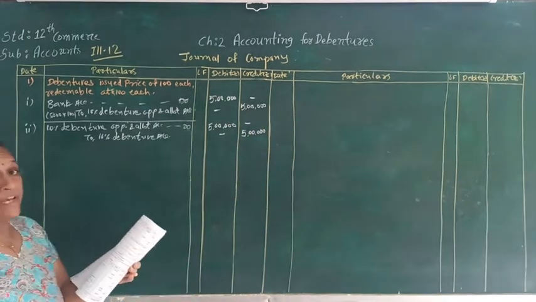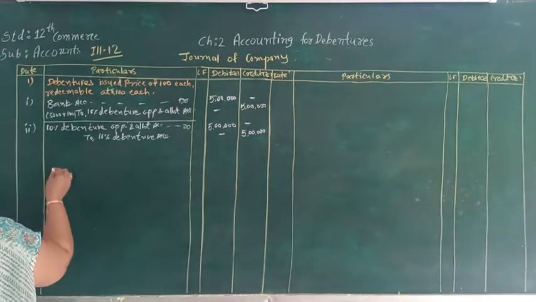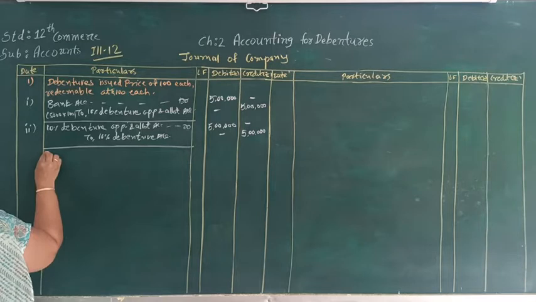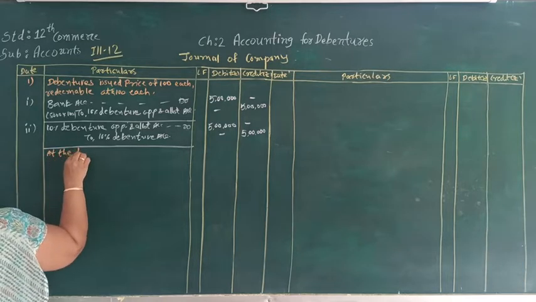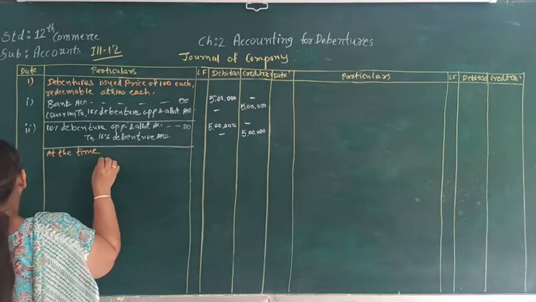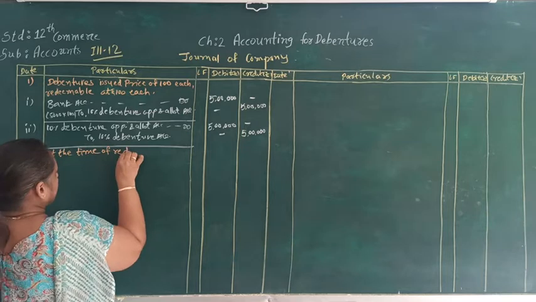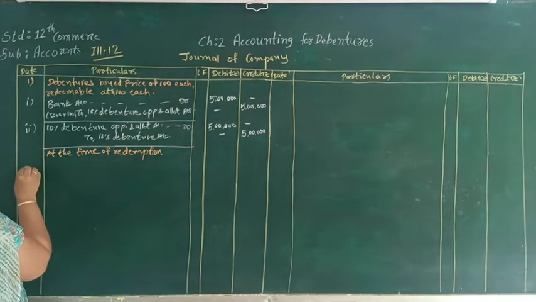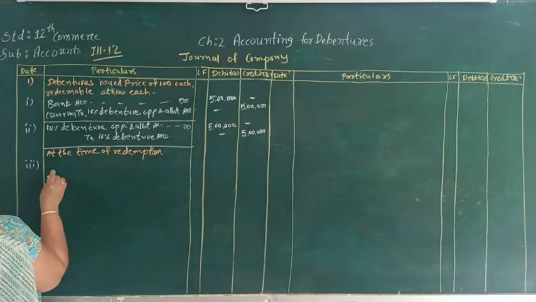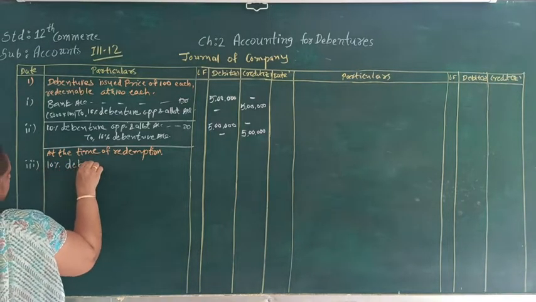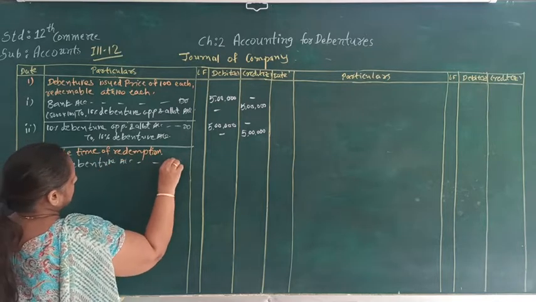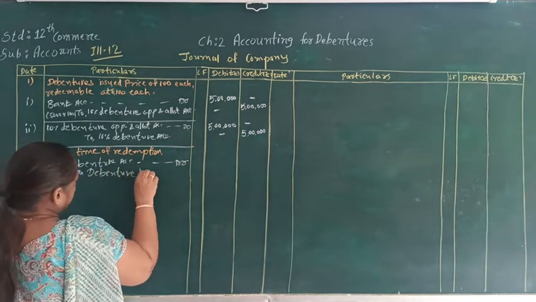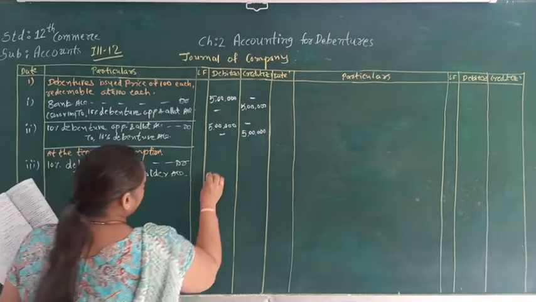So here, when we are going to redeem the same debenture, at the time of redemption the journal entry that we are going to pass will be: 10% debenture account debit to debenture holder account, and that will be 5 lakh.